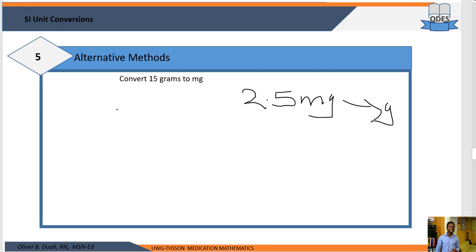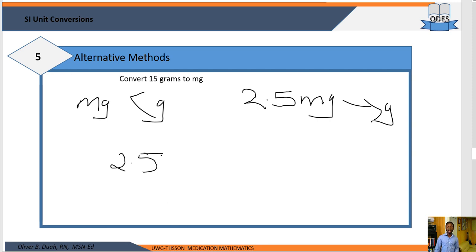So in this sense, milligrams is smaller than grams, right? And so this means that for 2.5, our arrow is pointing to the left, which is the negative.